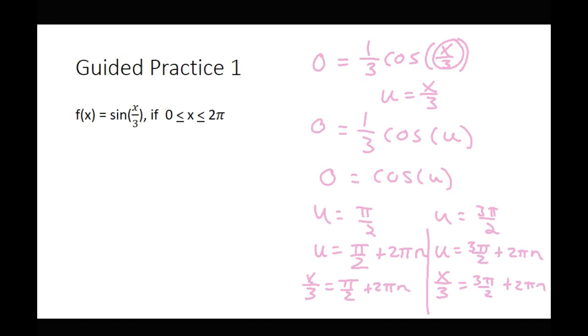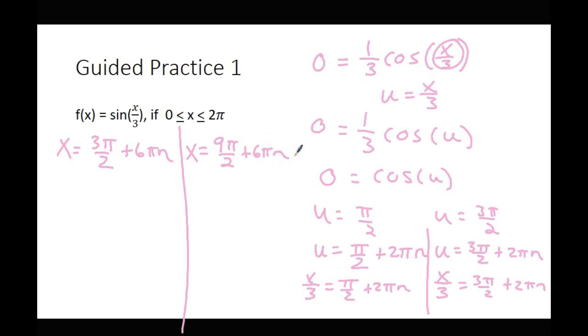So what would I do if I wanted to solve for x here, you guys? And how would I do that? Multiply everything by 3. So I end up with 3 pi over 2 plus 6 pi n, right? And I also end up with 9 pi over 2 plus 6 pi n.